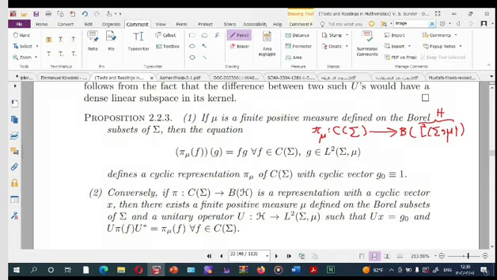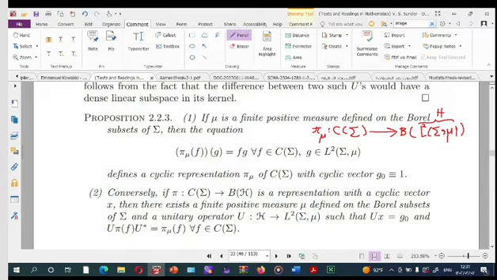Now we define, for any f in C of sigma, P mu of f, a function from L2 to L2 defined by this: for any g in L2, P mu of f of g equals fg.